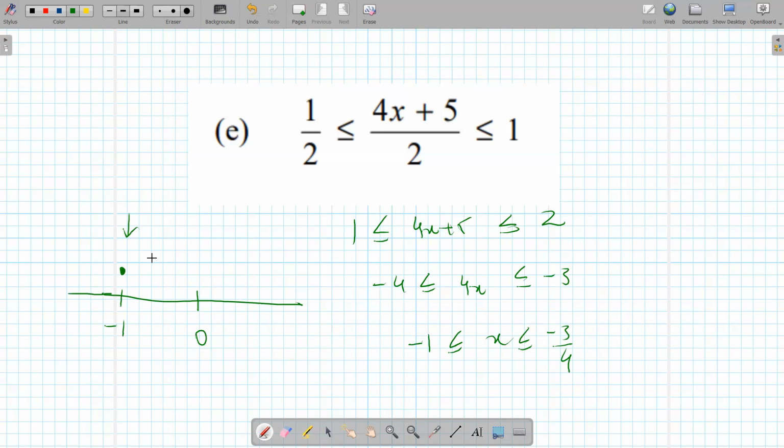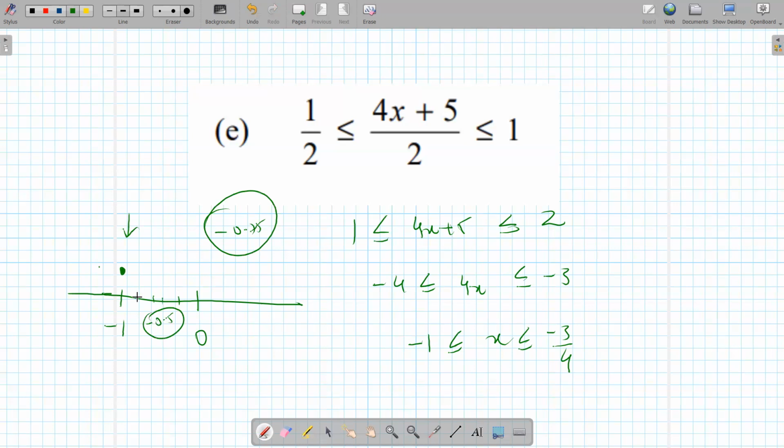To the left. So negative 3 over 4 is here. Is that it? No, it's not, because negative 3 over 4 is like 3/4. It's negative 0.75, right? See, 0 is here. This is negative 0.1. Oh, this is going to be negative 0.5.